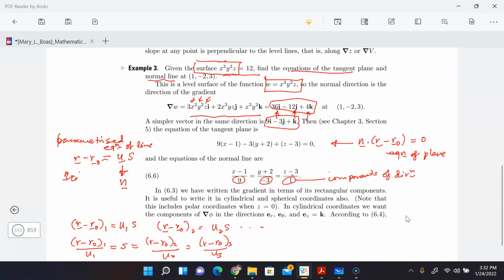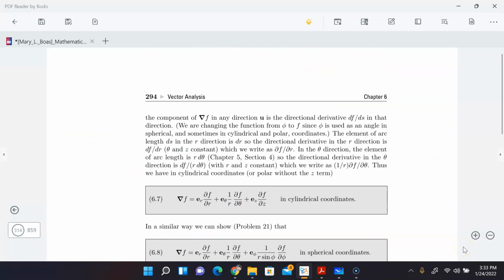Okay, so this is, if you can still remember how you define the equation of the line inside chapter 3, if I'm not mistaken. That will give you the equation of the normal. So your u here will now be replaced by that normal.